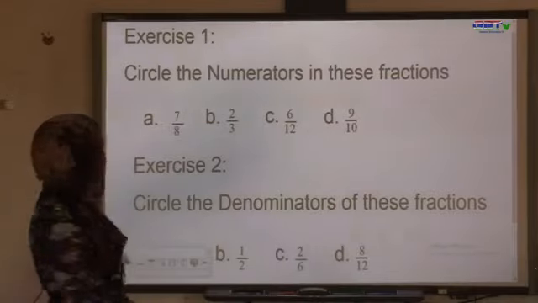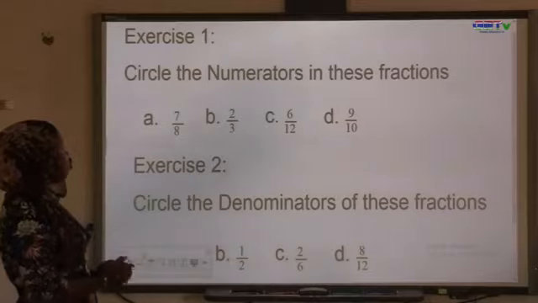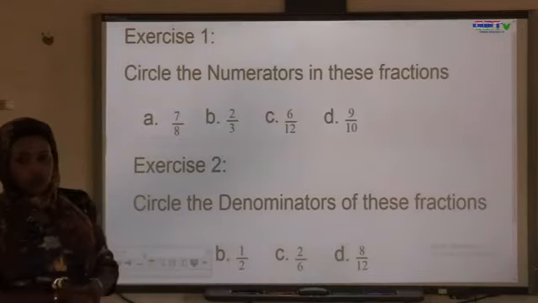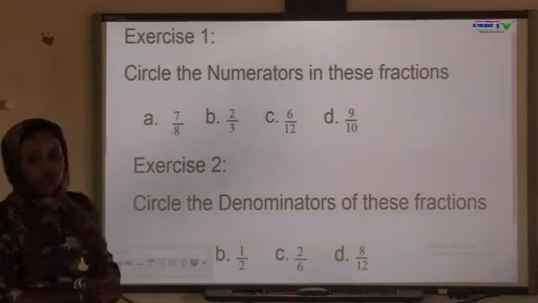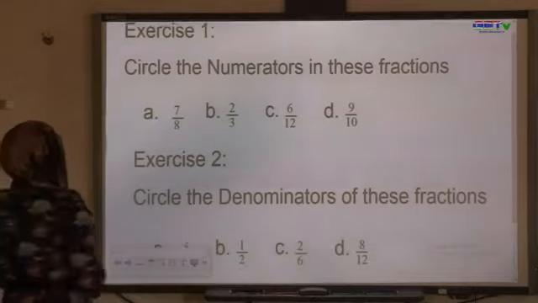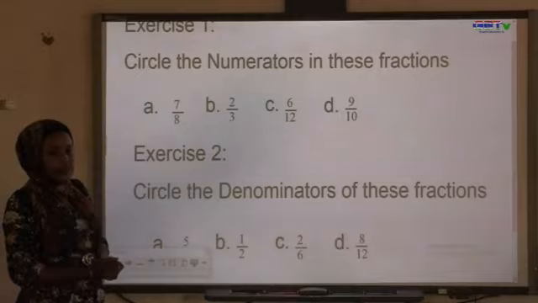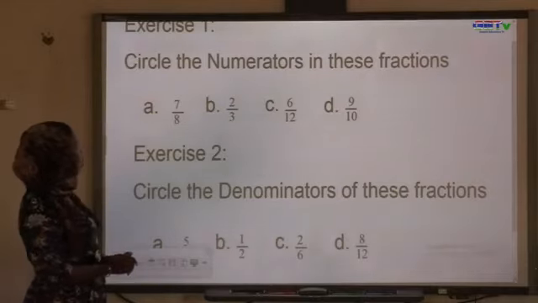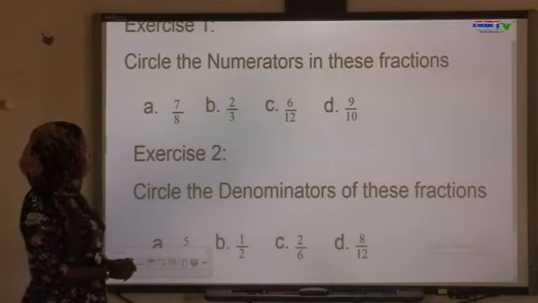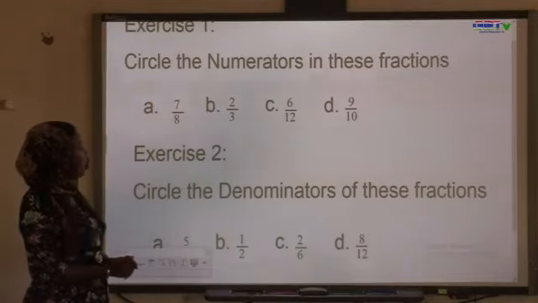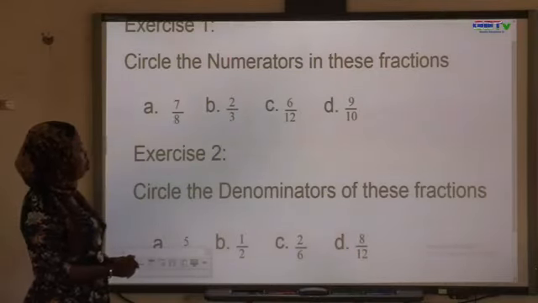Exercise 1, the instruction reads, circle the numerators in these fractions. A, we have 7/8. B, 2/3.